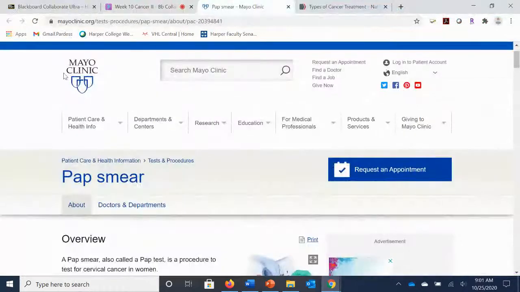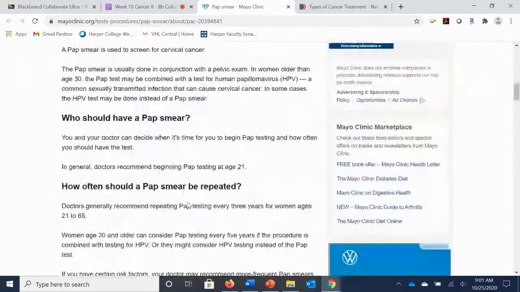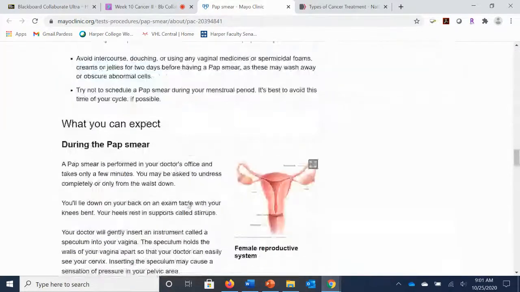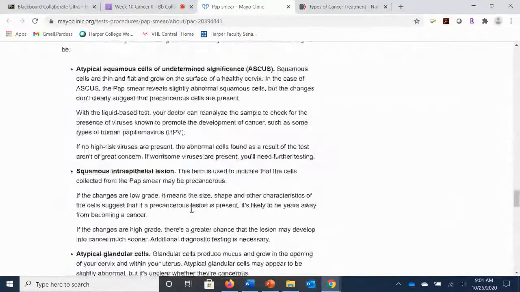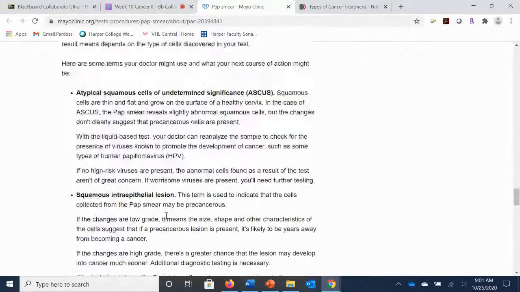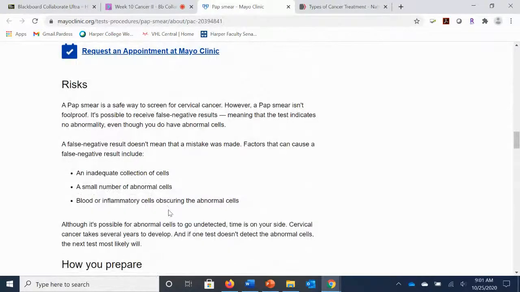For the pap smear one, it is the pap smear information from the Mayo Clinic website. And so here you can just see the explanation for pap smears, what it is, what the results mean, and things like that. So again, you'll pick one phrase from this website and talk about why you picked it and why it was significant for you.